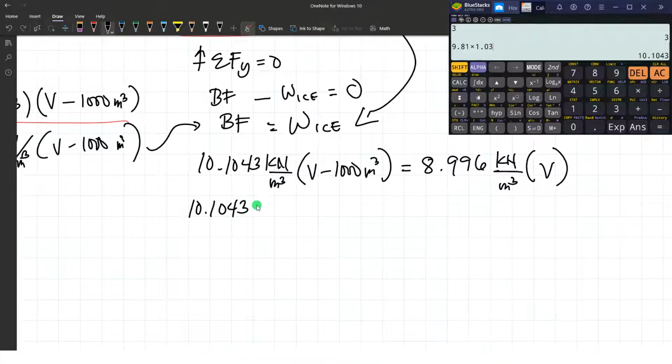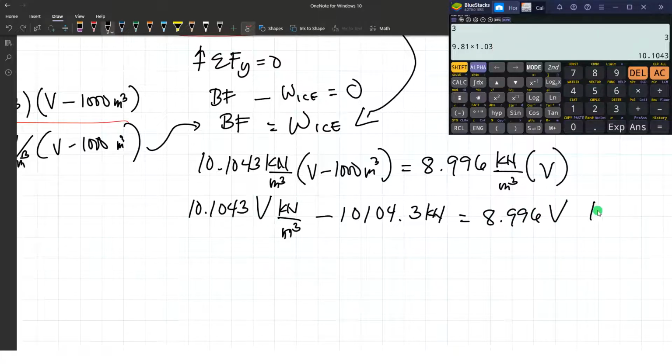Distribute that, we have 10.1043 V in kilonewtons per cubic meter minus 10.1043 multiplied by 1000, that's 10104.3 kilonewtons equals 8.996 V kilonewtons per cubic meter. Okay, combine like terms. We transpose this term here to the left hand side of the equation, and this constant, 10104.3, to the right hand side of the equation.